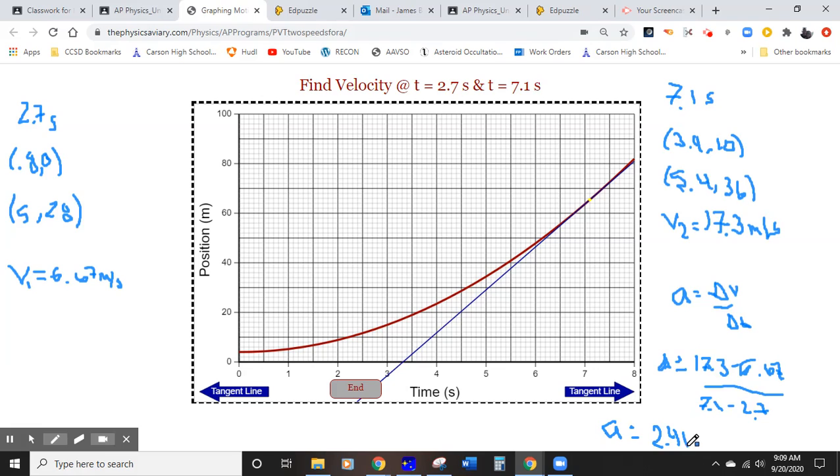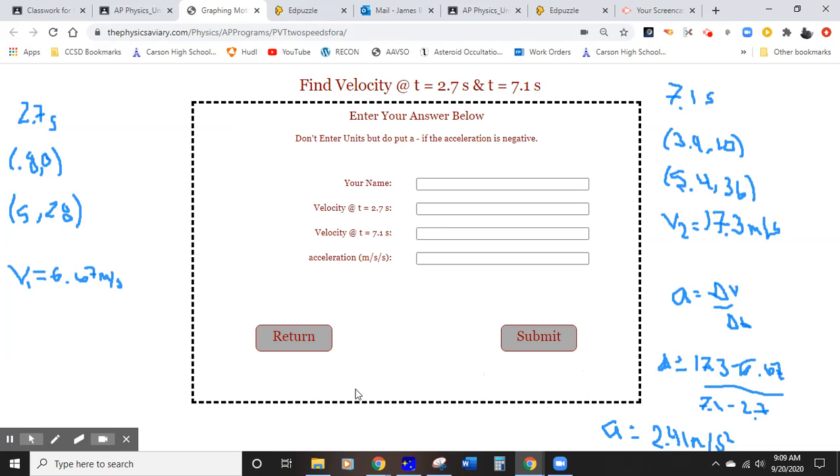To the nearest hundredth, I'll say 2.41 meters per second squared. Hopefully that will be correct. We'll put down here: velocity at 2.7 was 6.67 meters per second. Velocity at t equals 7.1 seconds, we got 17.3 meters per second, and an acceleration of 2.41.